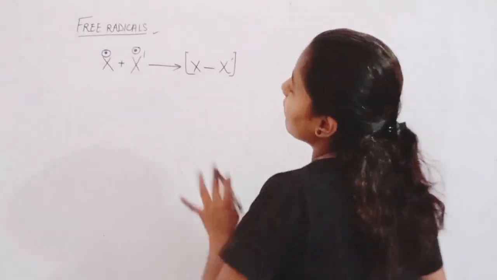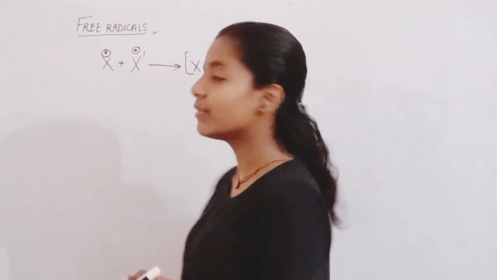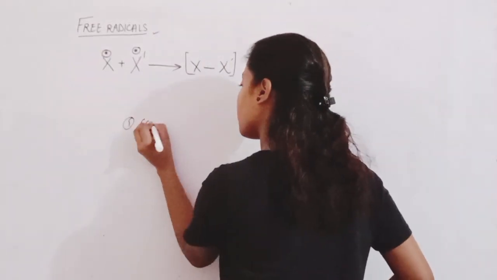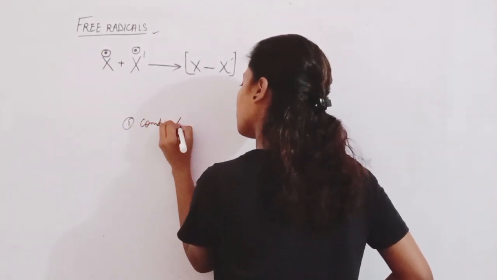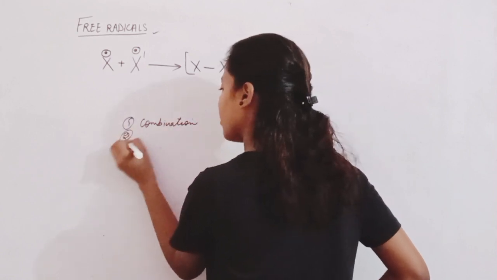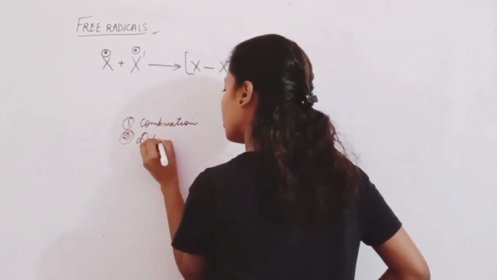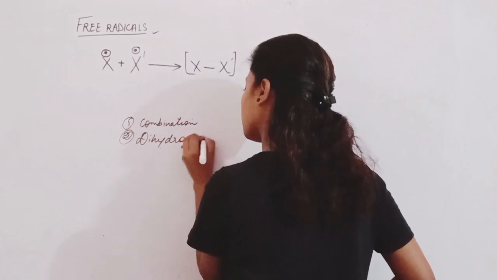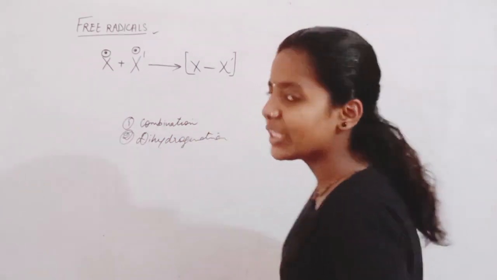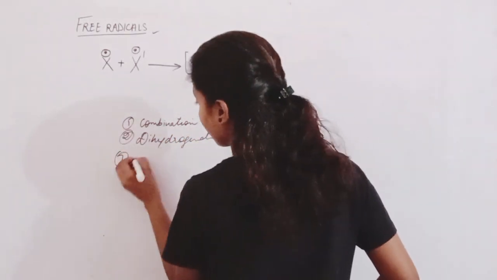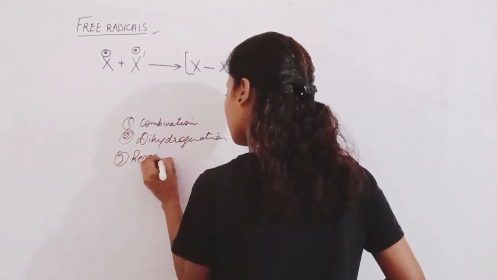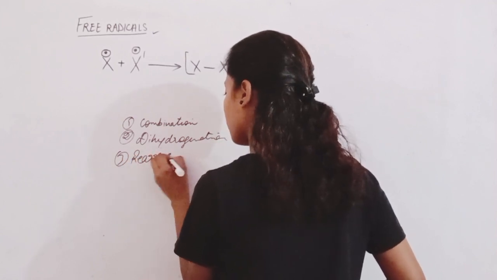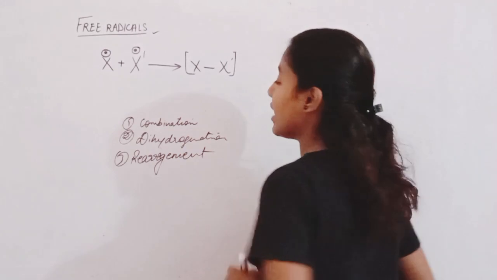So in our class 11th, there are basically three types of free radical reactions. First is your combination. Second is your dehydrogenation, and third is your rearrangement.